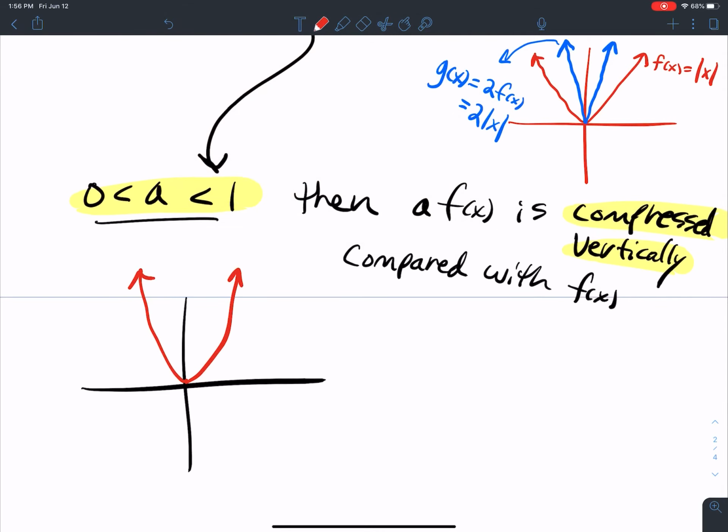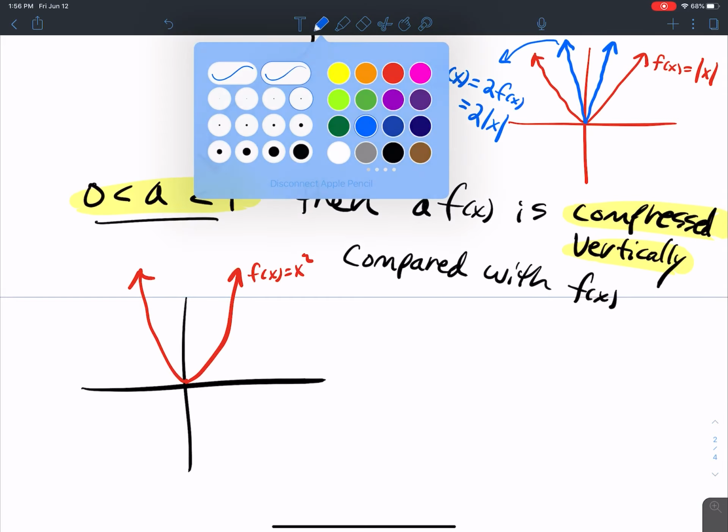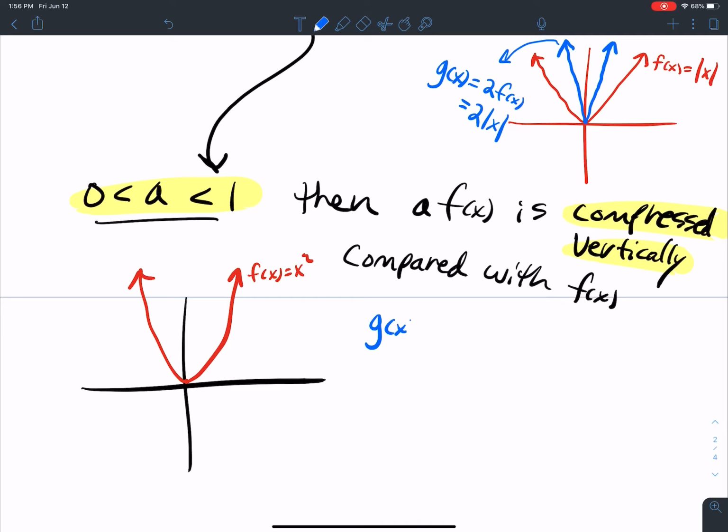Okay? So an example of this, say I have the graph x squared, so f of x equals x squared, and then your g of x equals 1/2 f of x, so that's equal to 1/2 x squared, so that looks like this here. It's just compressed vertically.